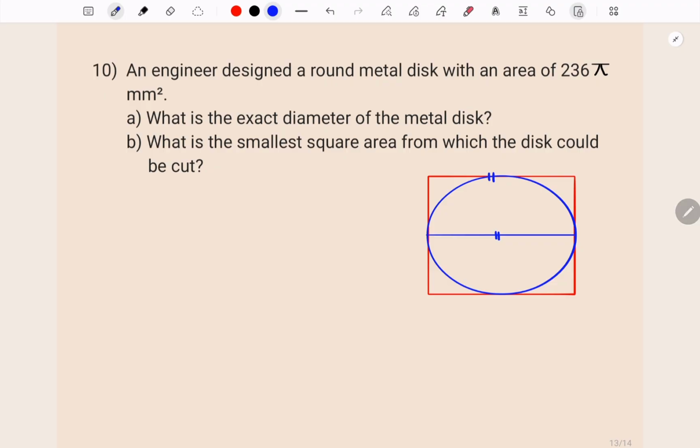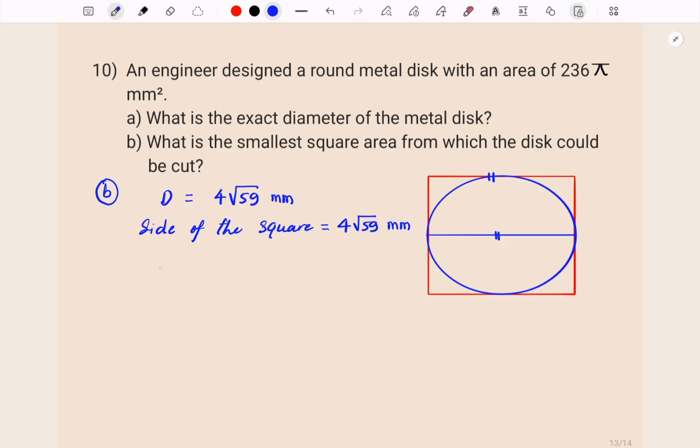So in the previous example we found the diameter of the circle. So the diameter was 4 root 59, right? So the side of the square should be equal to the diameter, that is 4 root 59 millimeters, right? Now if we want to find the area of the square, we know that the area of the square is the side squared.